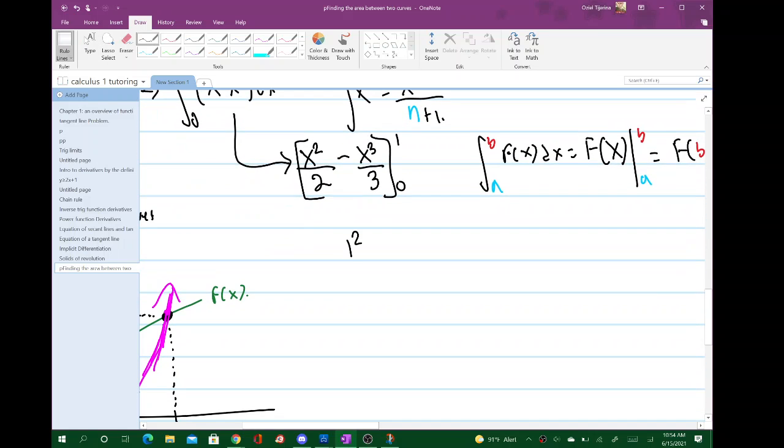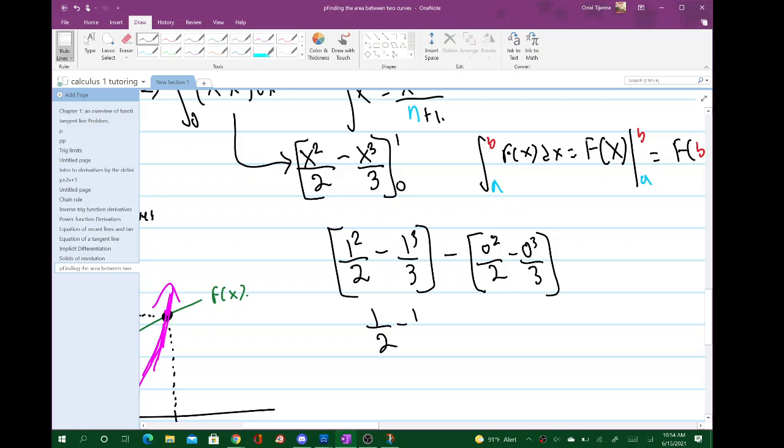So you're going to use that, and this is really just 1 squared over 2 minus 1 cubed over 3, minus 0 squared over 2 minus 0 cubed over 3. So it's going to be 1/2 minus 1/3 minus 0 over 2 minus 0 over 3.